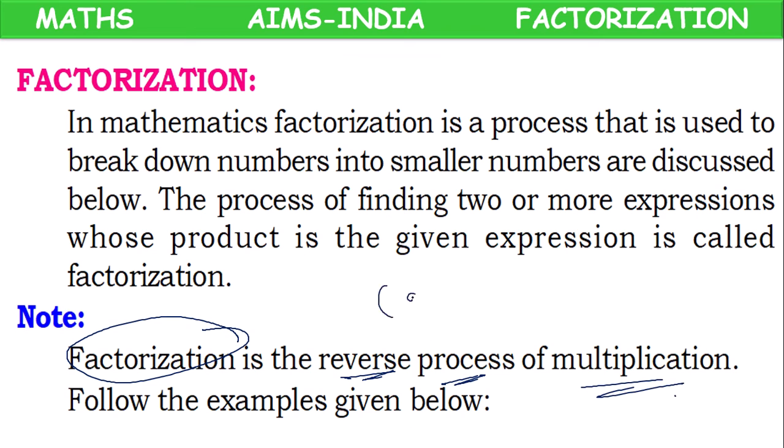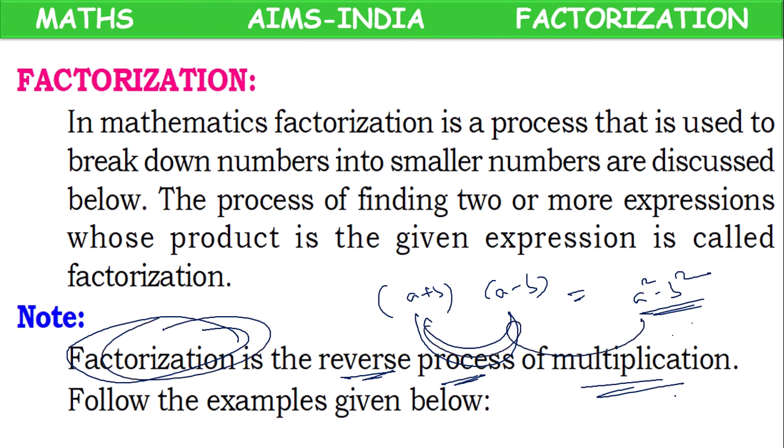If we multiply (a plus b) into (a minus b), we will get the product. If we multiply two simpler expressions, we will get a bigger expression. This is multiplication. So in factorization, what will we do? Reverse we will do. Bigger expression, we will divide into smaller expressions.